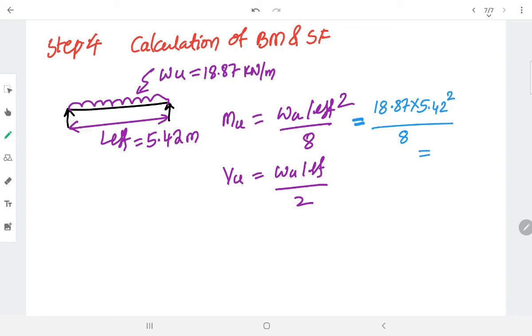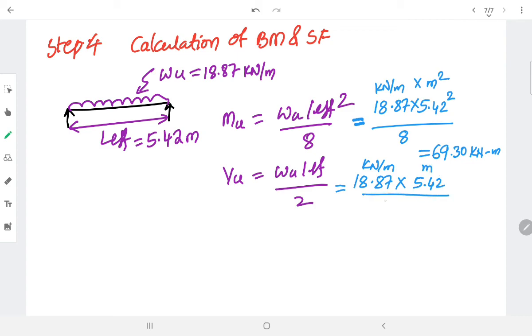When we calculate, we got 69.30 kilonewton meter. This is WU, kilonewton per meter, into meter square, so you will be getting kilonewton meter. And for VU, WU L effective, 18.87 kilonewton per meter into 5.42 meter divided by 2.